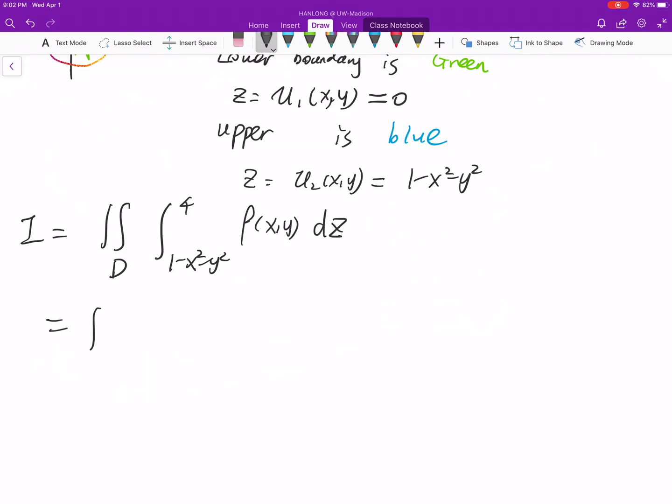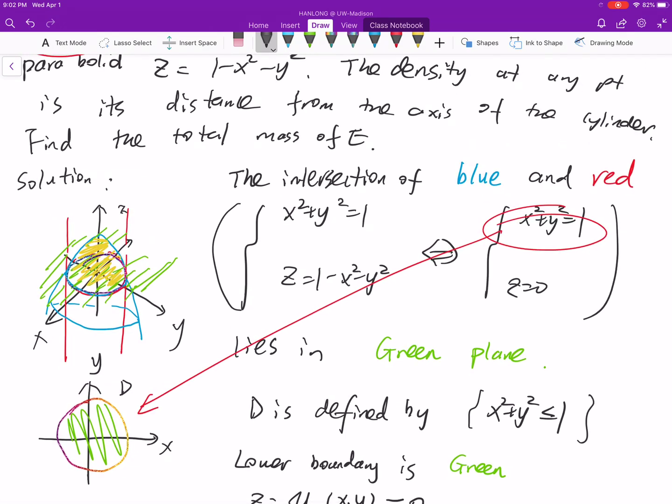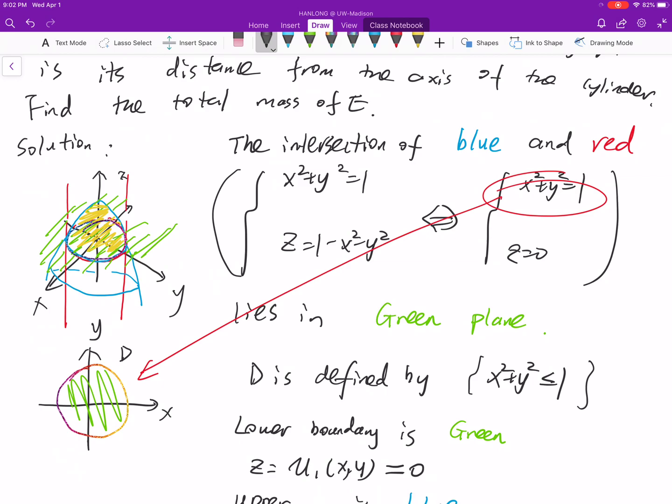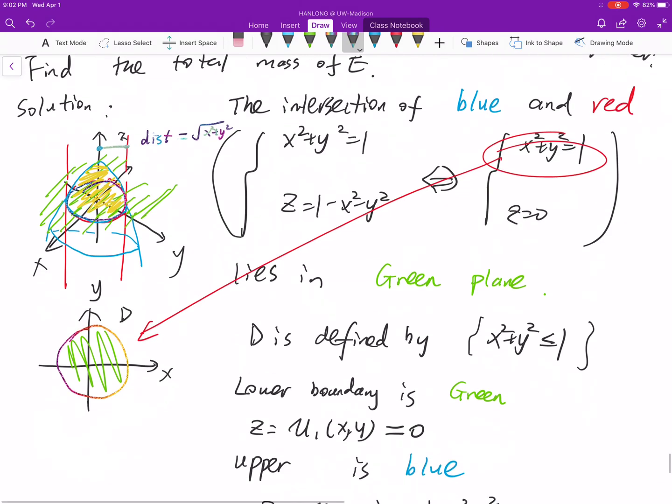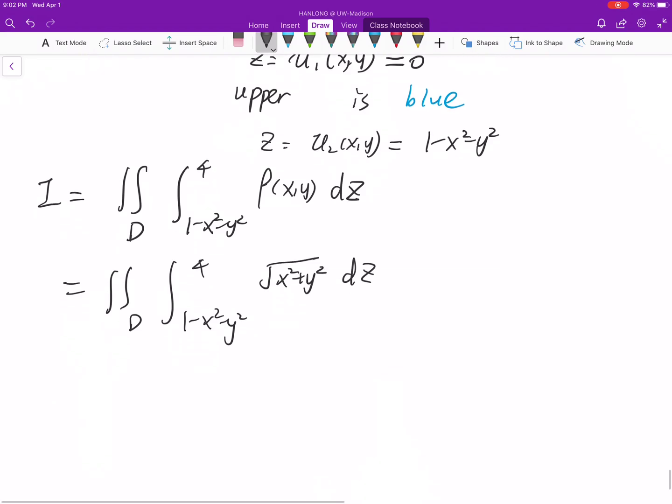Because this is the distance from the axis of the cylinder, the distance equals the square root of x squared plus y squared. So here you have the square root of x squared plus y squared dz.